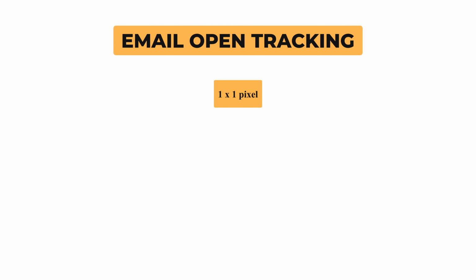Let me tell you how we can do that, and this is what most email marketing software does. We send a 1x1 pixel image in the email using the img tag. You know HTML very well, right? In HTML we have a tag called img, which is used to load an image.